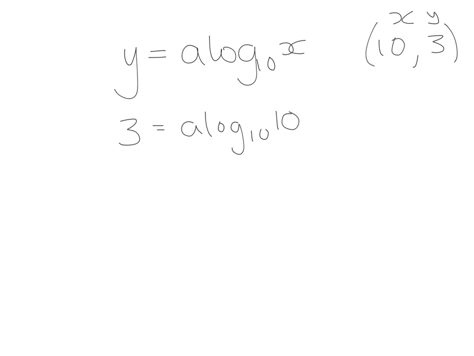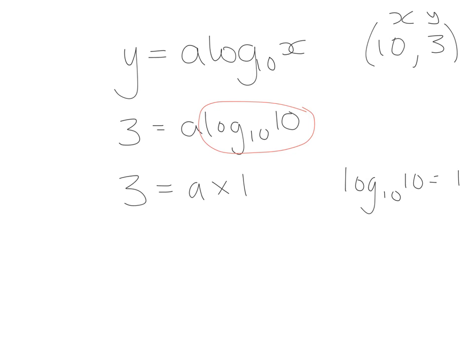Right, so now we have this part here, log to the base 10 of 10, and I did mention a couple of slides back that any log where the power and the base are the same, we equal 1. So log to the base 10 of 10 is equal to 1. So we have 3 is equal to a times 1, so a is equal to 3. That means that our equation is 3 log to the base 10 of x.